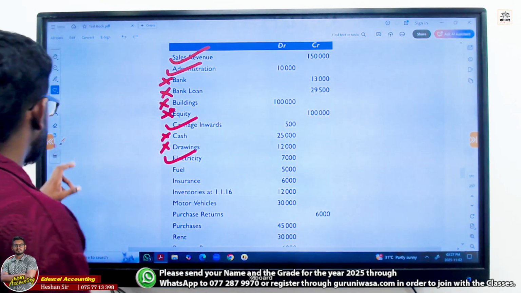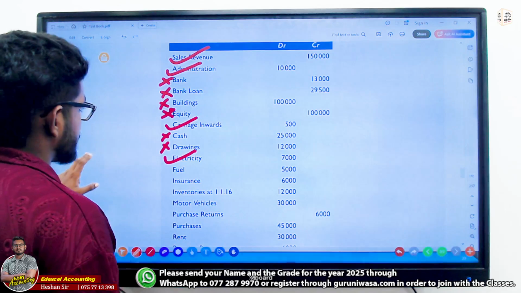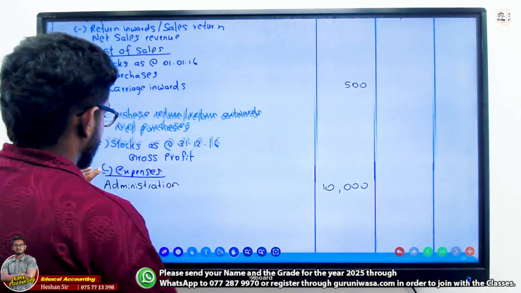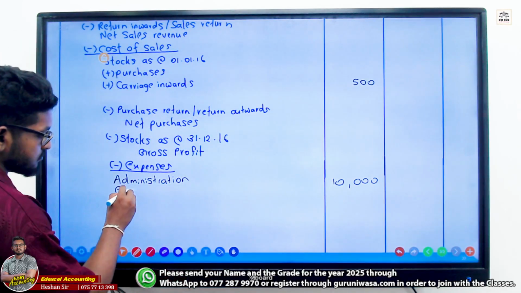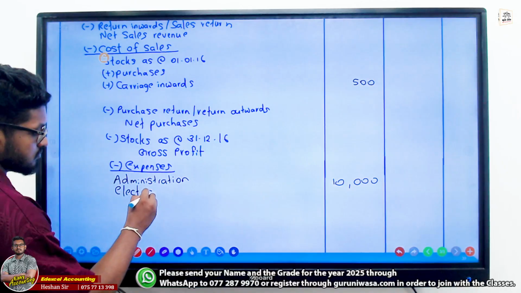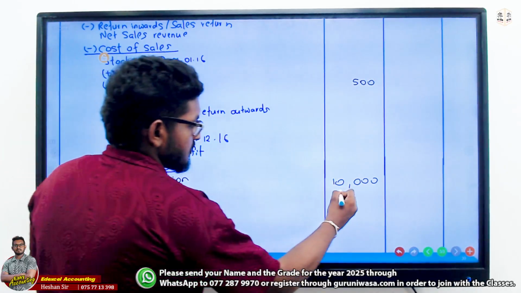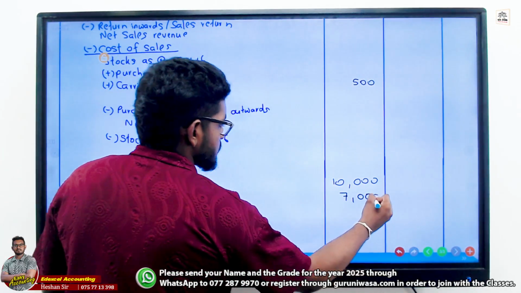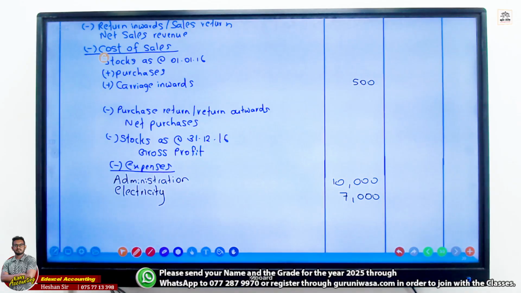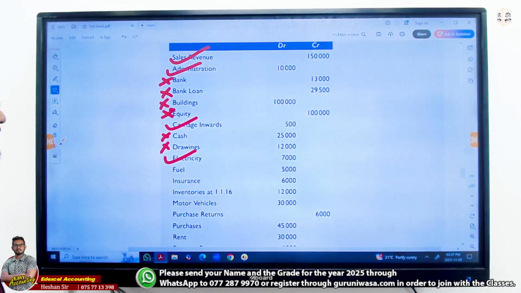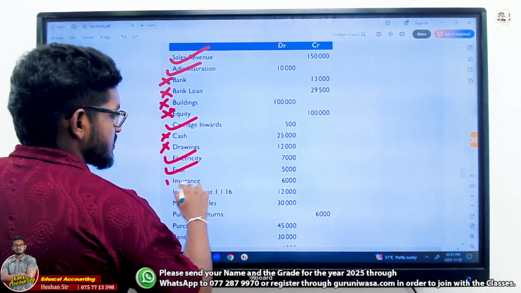Electricity 7,000. It is an expense, we write it under expenses. Then fuel expense, insurance expense, right?